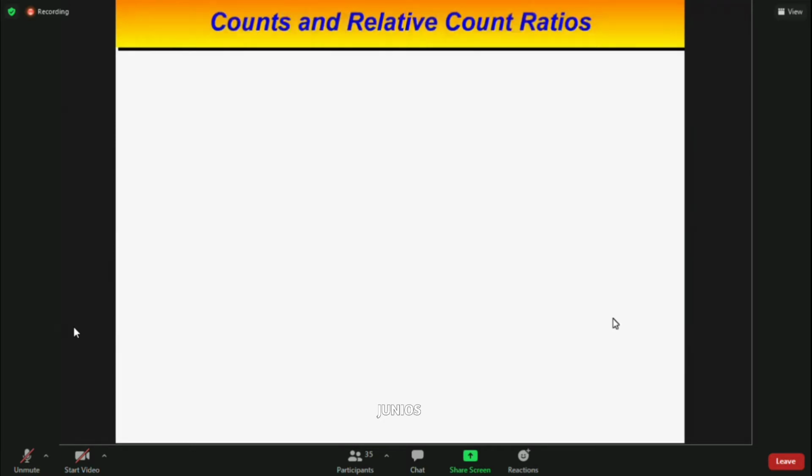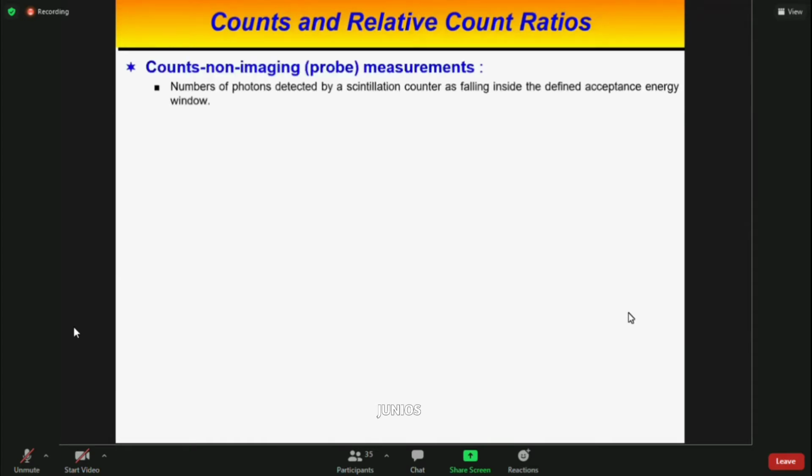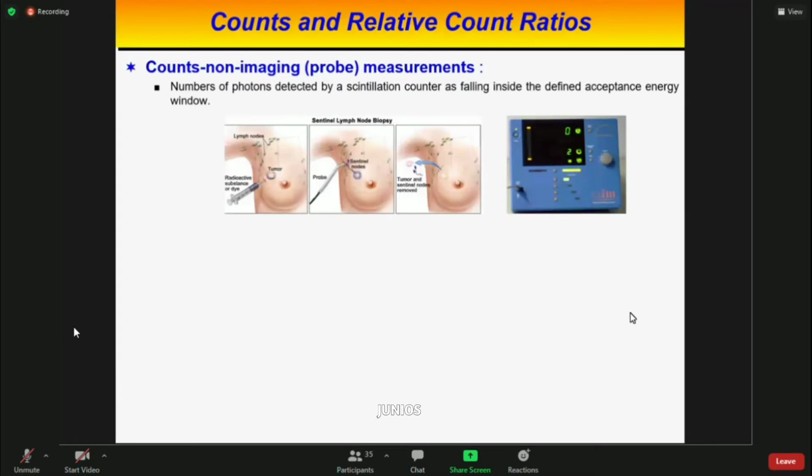First I will talk about what can be used for quantification in nuclear medicine. In planar single photon imaging, the number of photons detected by a scintillation camera falling inside the defined acceptance energy window at a position corresponding to a pixel in the image is termed a count. In a non-imaging probe, such as a sentinel probe, a counter attached to the probe measures the number of photons detected in a time interval.